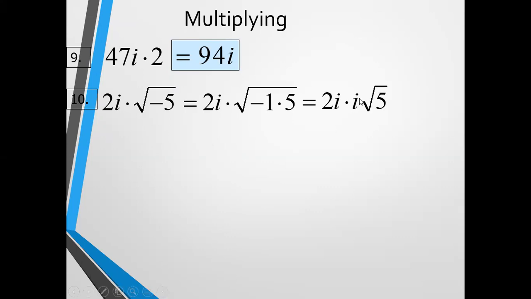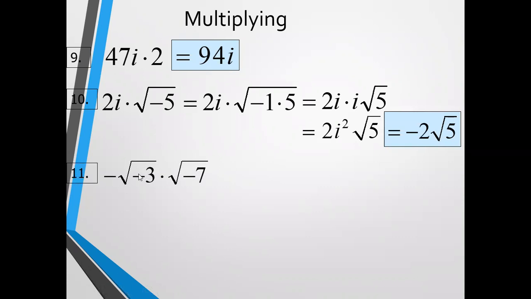So the i will come out like this. When you multiply i by i, it will give you i squared. We know that i squared is minus 1. So it will be minus 2 multiplied by root 5. You can see minus 2 multiplied by root 5. So that's the answer.